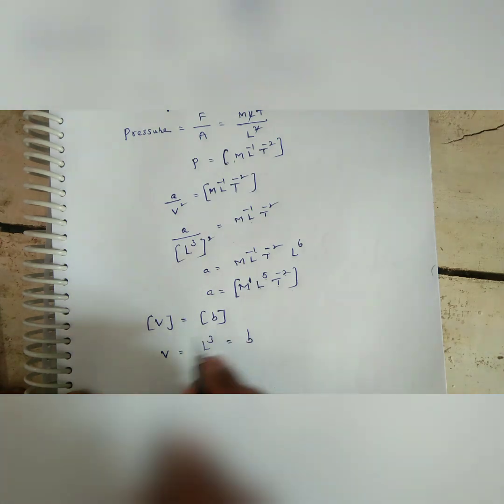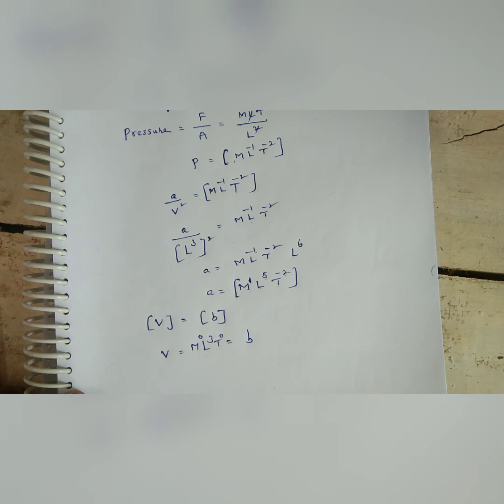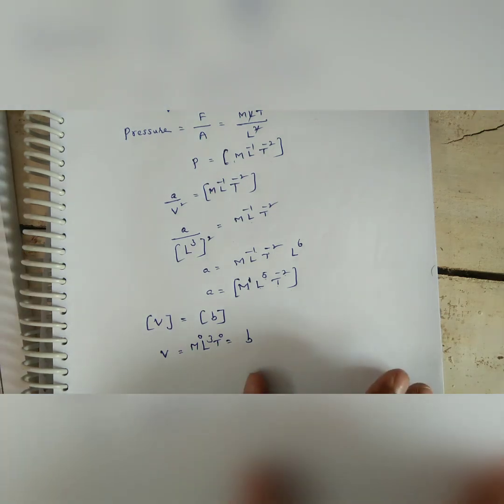And for b, the dimension of L is 3, and M and T have power 0. If you wish, you can write it as M⁰ L³ T⁰, or simply L³. That is the representation of the dimensional formula of b. Okay, this is one model. Then another model I am taking.